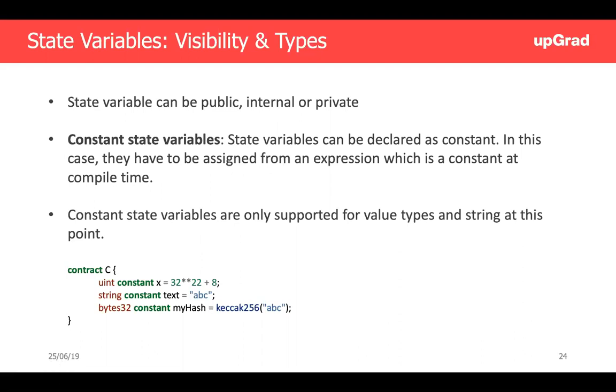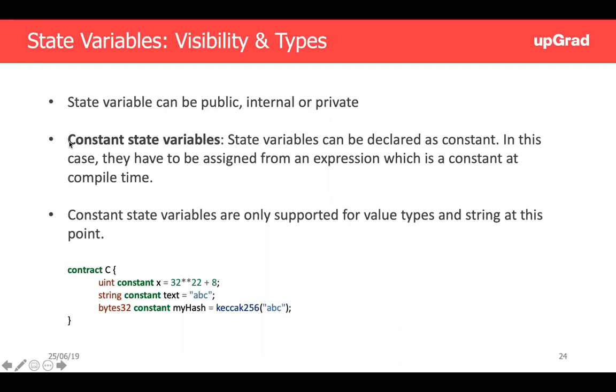In terms of visibility, a state variable can either be public, internal, or private. We will look at the differences between public, internal, and private when we talk about functions, because functions have the same types of visibilities also. When you define functions, just like you've defined the state variables, you will be deciding their visibility. And we will look at the different types of visibilities that are available when we talk about functions.